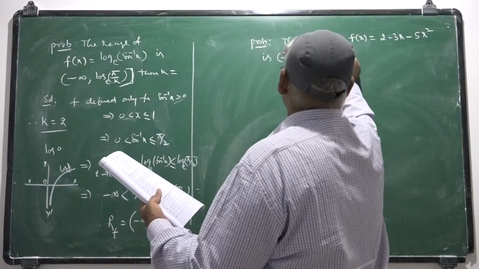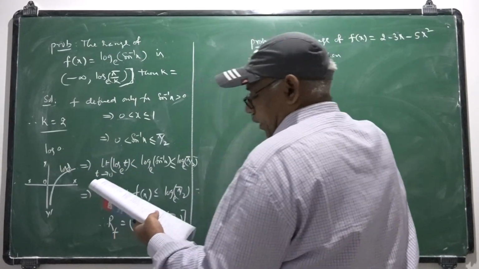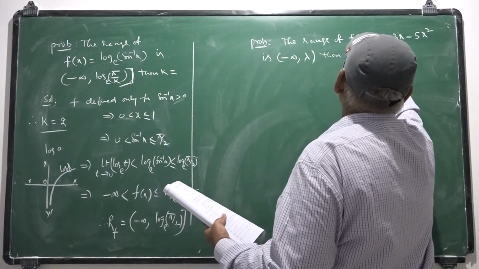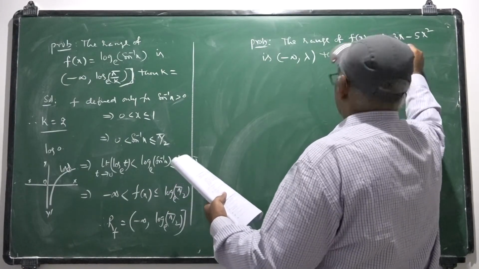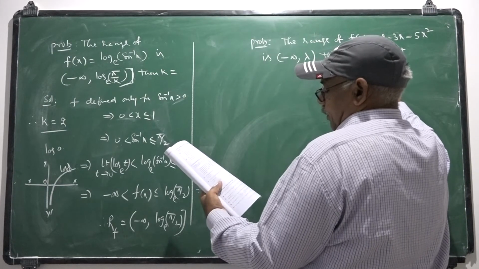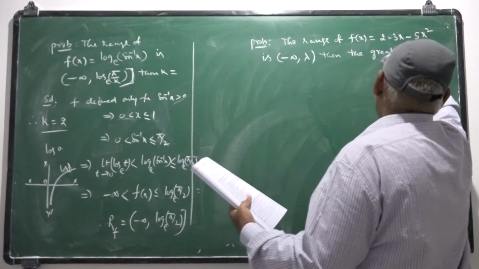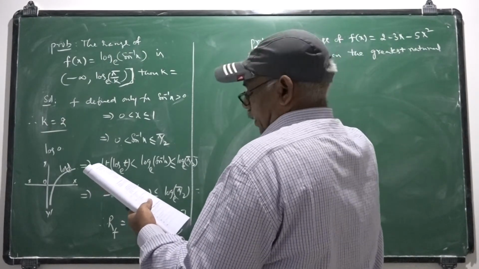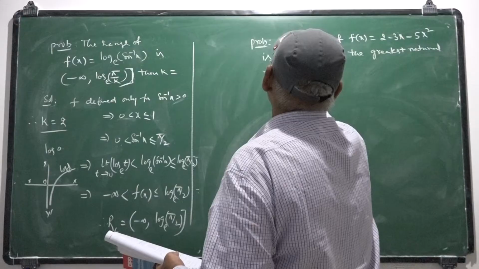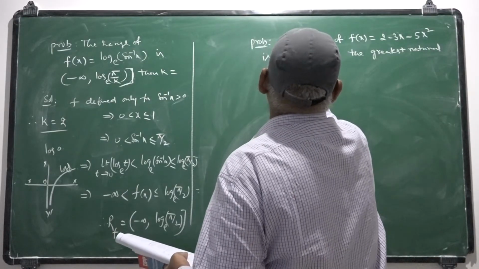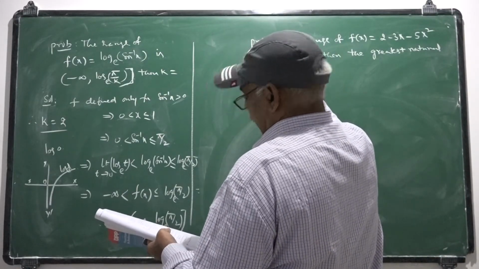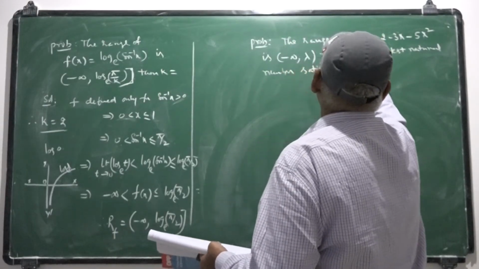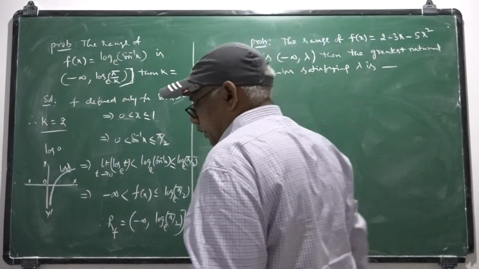Then the greatest natural number satisfying lambda is what? The greatest natural number value of lambda.